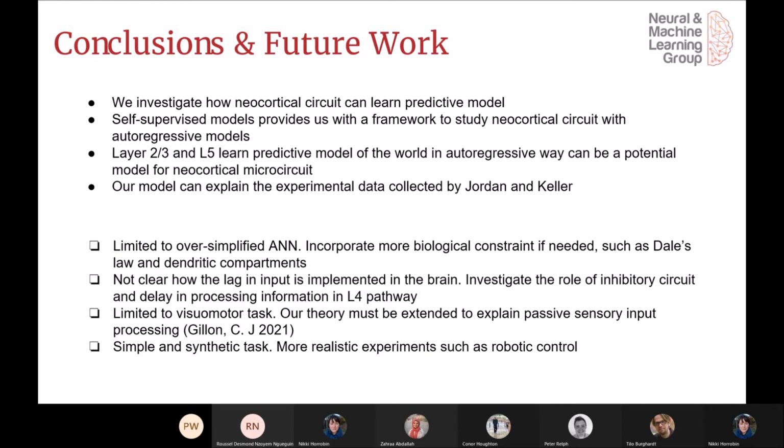Of course, we would love to extend our theory and see if we can explain that data as well. The other thing is that the task was very simple, obviously, so we need to try more realistic tasks, maybe robotic control. We didn't get time to actually do it, but everything is set up. So hopefully in the future we will have results for more complicated tasks as well.